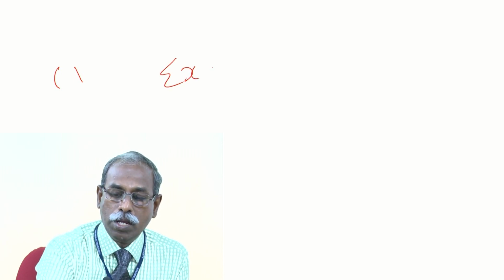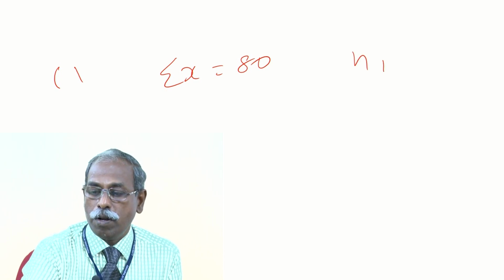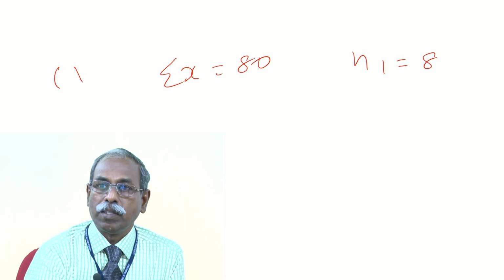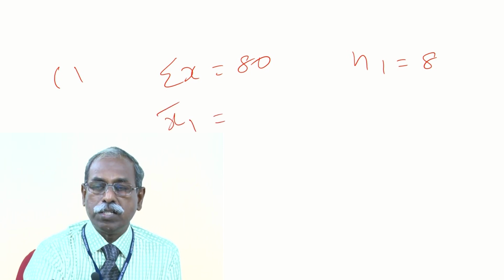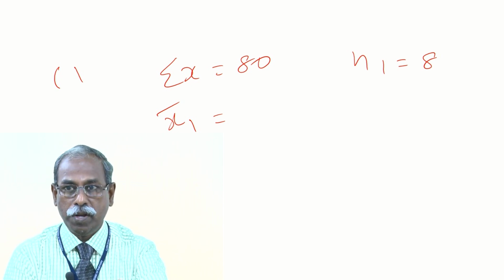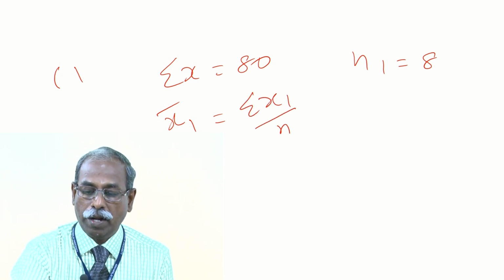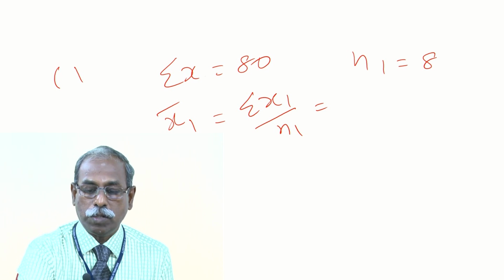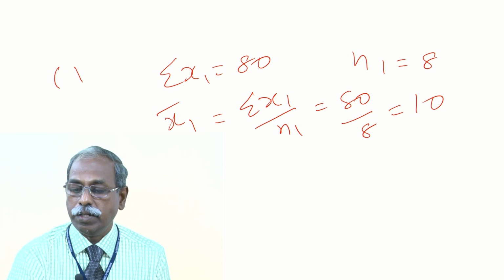In group 1 you have collected some samples, the total score is 80, and the number of samples is 8. What is the formula for this? It is called x1 bar, the mean of the first group, the mean of group 1. So sigma x1 divided by n1. How much is sigma x1? 80 divided by 8. Here you get 10.